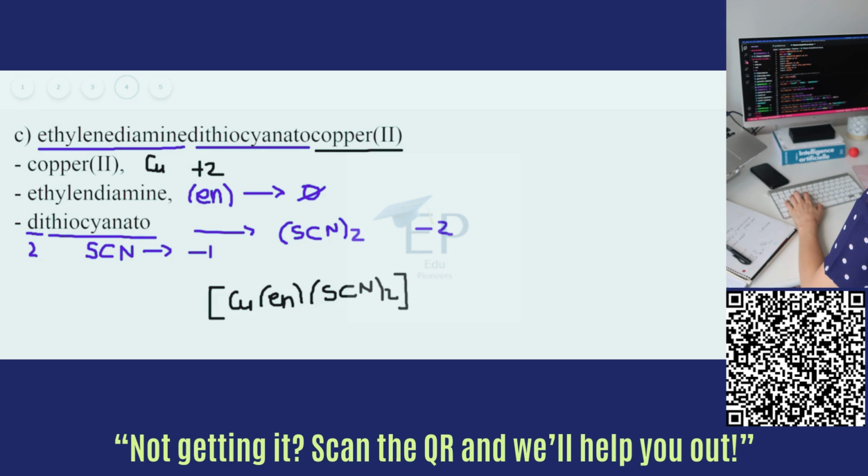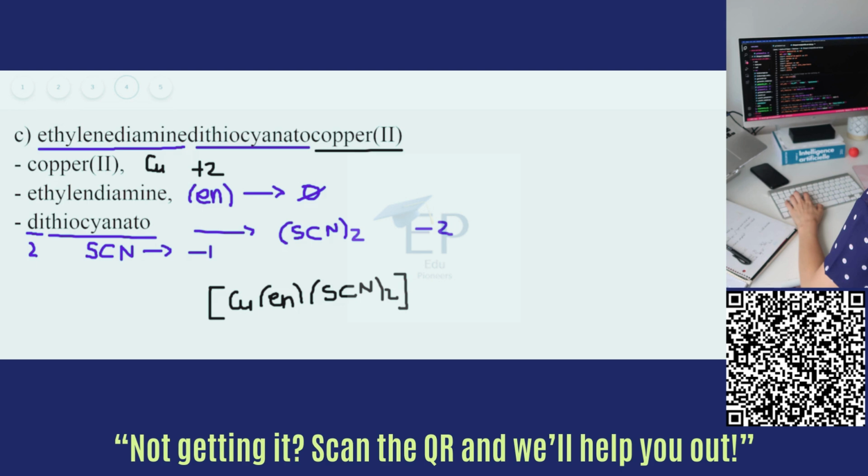The second ligand: di stands for 2, and thiocyanate is SCN. Each thiocyanate ligand has a charge of -1, so overall we will have 2 of them for a total charge of -2.